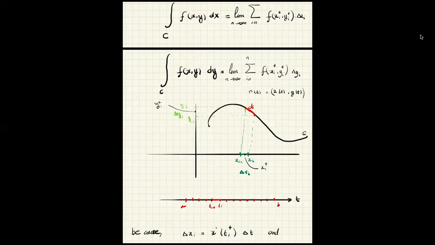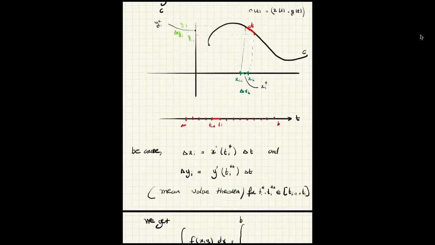I mean, this will give you exactly a Riemann sum because the ti star, when you put it in here, this is a sample point. You can choose whatever you want. So you can choose the one associated with this ti star here, and since this ti star is in here, xi star, yi star will be inside also. And same thing for ti star.